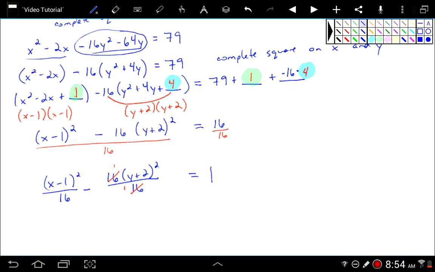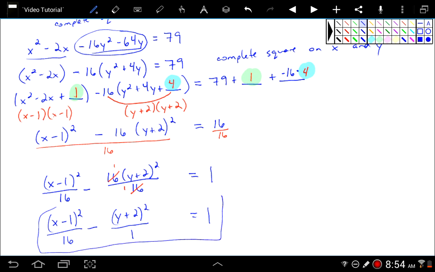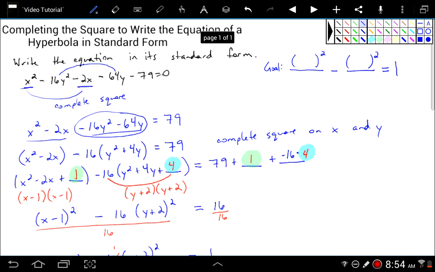And so my standard equation for this hyperbola is x minus 1 squared over 16 minus y plus 2 squared equals 1. And typically we like both of these to be fractions, so I will make this into a fraction by putting it over 1, and now we have the standard form of that hyperbola equation that we began with up here at the top.